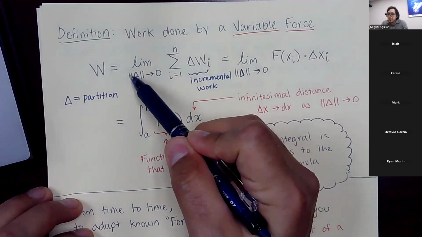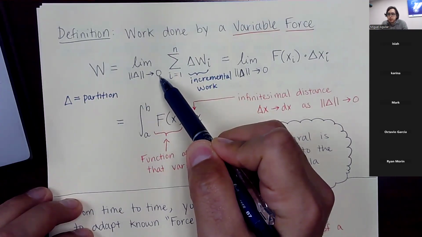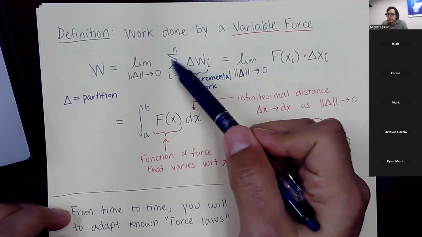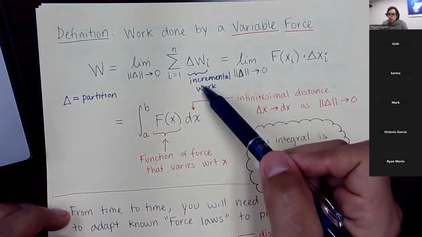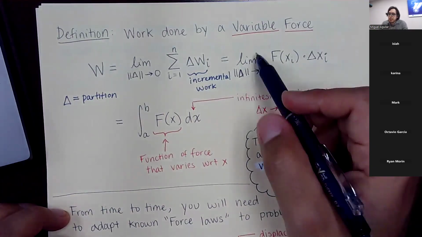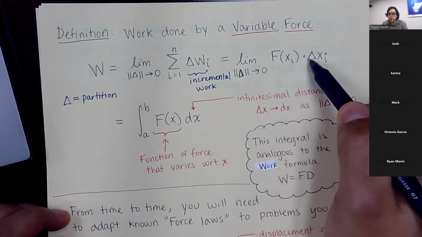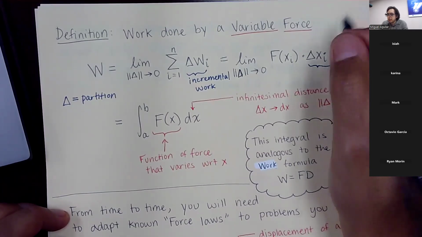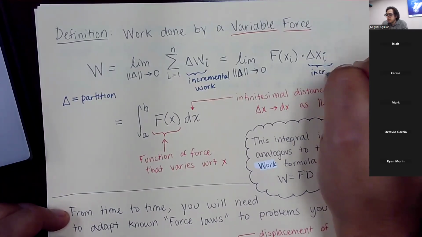So as the norm of those subsections gets smaller and smaller, as those rectangles get thinner, then if we take the sum of all of those increments of work, that's the same thing as the limit as those subsections get smaller of the force function times some incremental distance, right? Where delta x means that really, really tiny distance, incremental.